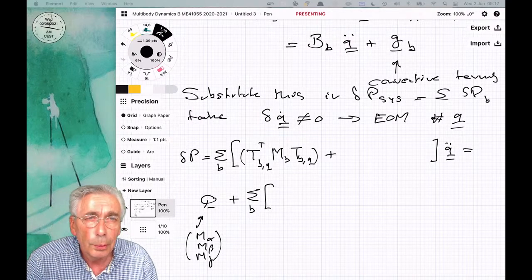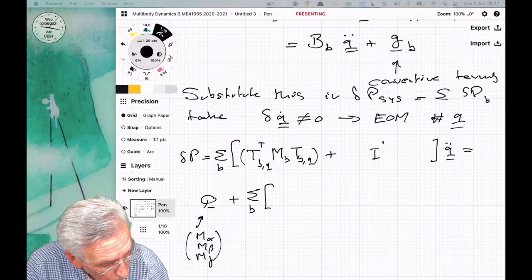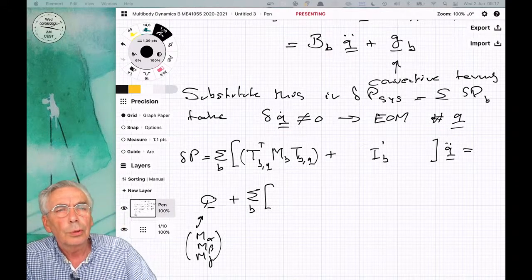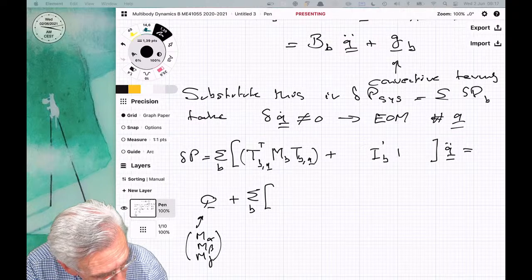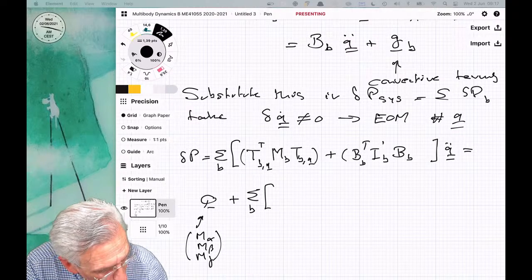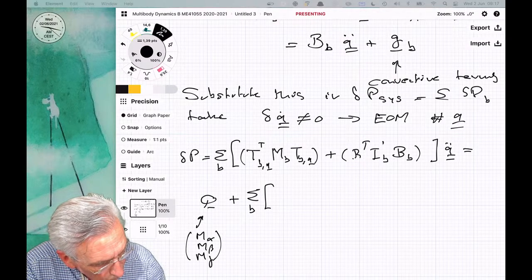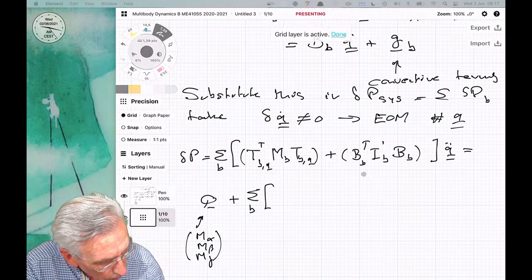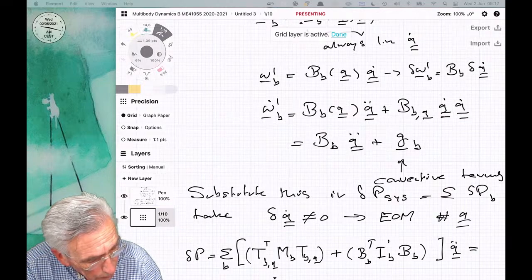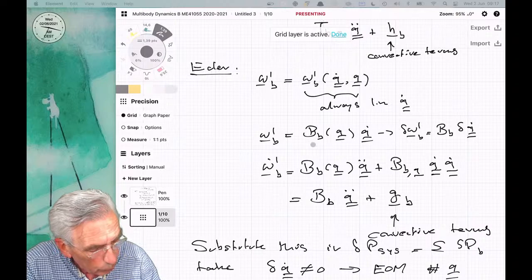Likewise, for the Euler equation, we have the same, only now it's the mass moment of inertia matrix for all the bodies, and they are transformed. Well, here the transformation is called B, right? So it's B transposed, the inertia, and B. There is no comma Q involved here, because, of course, B is already describing the mapping of the velocities, right?